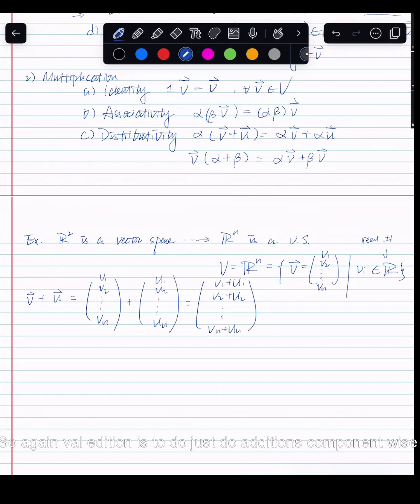So again, vector addition is to just do addition component-wise.